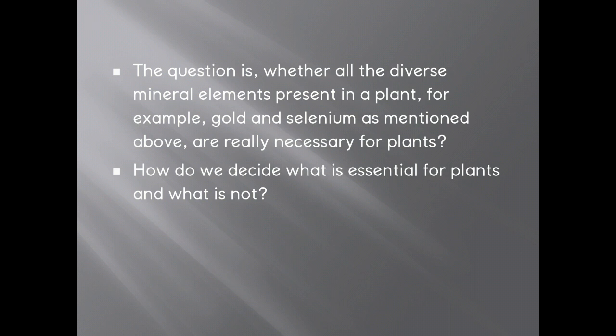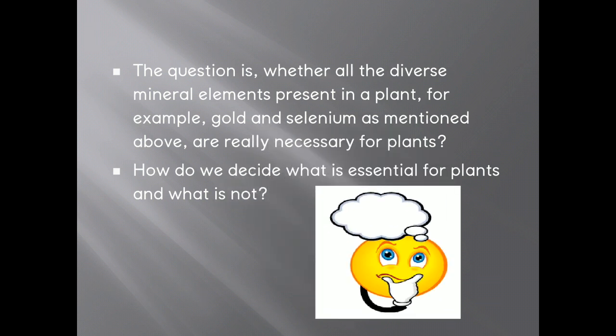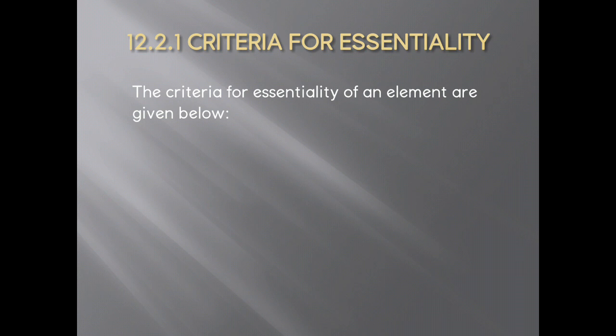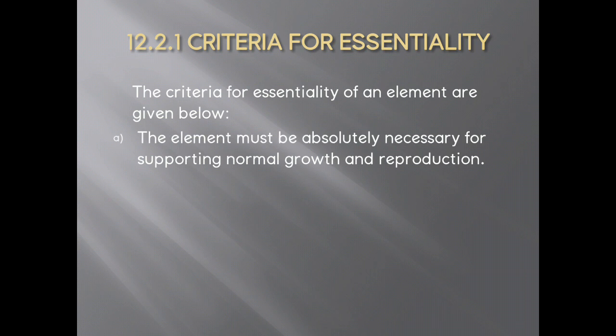But the question is whether all the diverse mineral elements present in a plant, for example, gold and selenium as mentioned above, are really necessary for plants. How do we decide what is essential for plants and what is not? For this, we will have to see the criteria. So, the criteria for essentiality of an element are given below. The first says that the element must be absolutely necessary for supporting normal growth and reproduction.